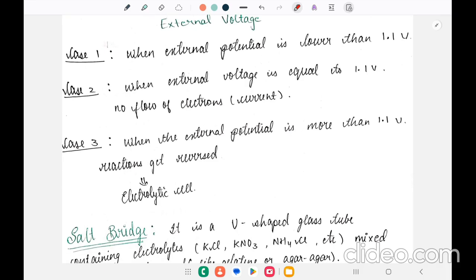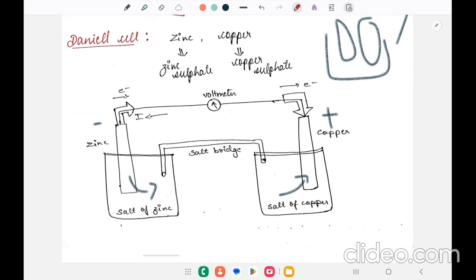So in that case it will become an electrolytic cell. So the electrochemical cell will become an electrolytic cell, and now the flow of electrons will be from copper to zinc, and therefore zinc will get deposited while copper will be depleted. It works quite opposite to the electrochemical cell.